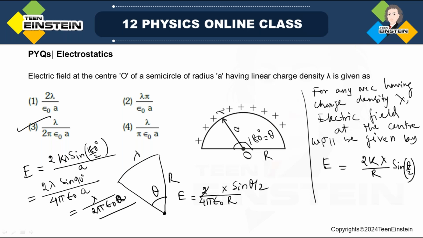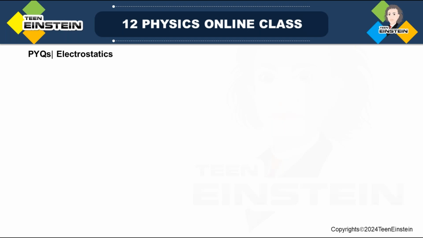Now some of you may be asking me, sir, how to derive this formula itself. For a semicircular arc, let me show how to calculate it if you have to do it in your board exam. Suppose this has positive charge uniformly distributed all over, and the charge density is lambda, and this is the center. Here you have to find the electric field.